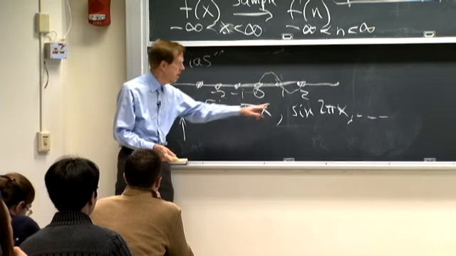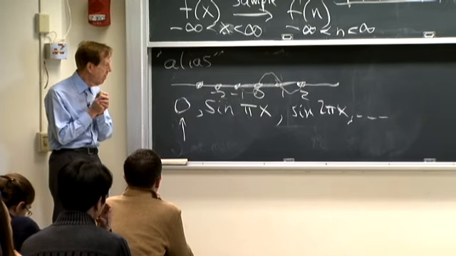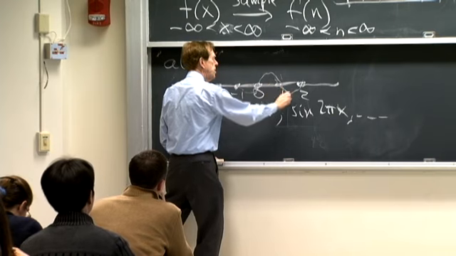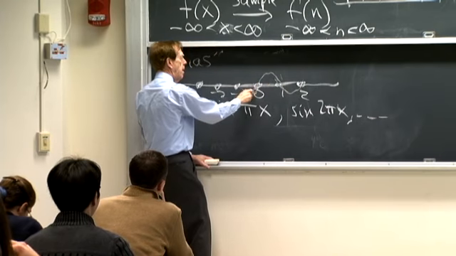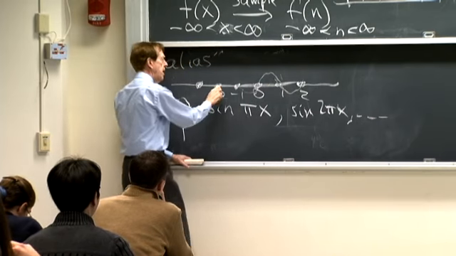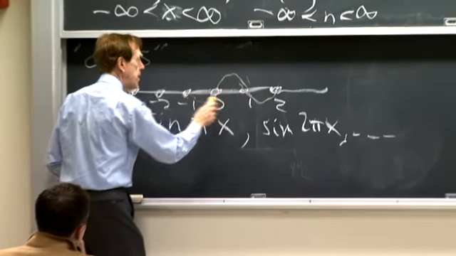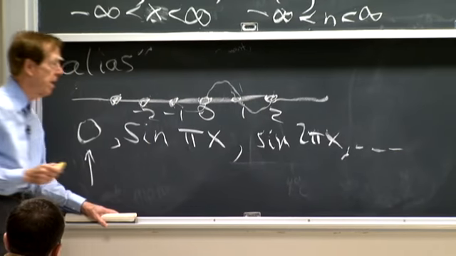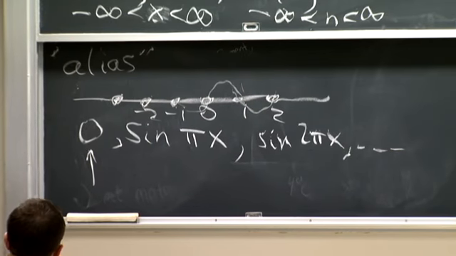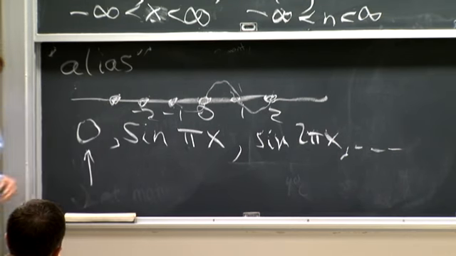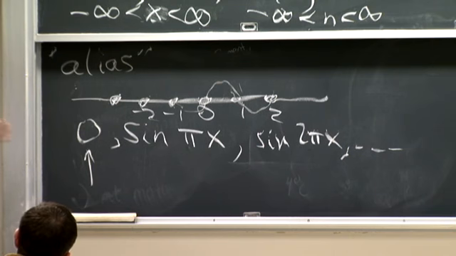We want to eliminate these guys, and your instinct is you want to eliminate functions that, if it's not 0, then it's got to get up and back down in everything. It could do different things in different intervals, but somehow it's got to have some of these frequencies, pi or higher, would have to be in there.